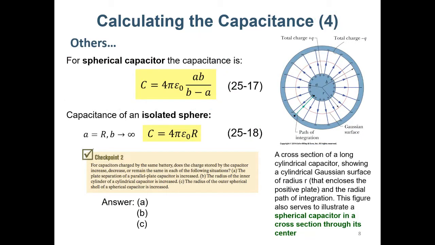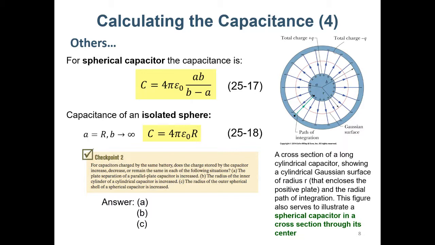Okay, so for the spherical one, I will not derive it, but I think it is possible for you to derive it yourself. Although the cross section is the same, in this case the inner one is a smaller sphere and the outer one is a larger sphere.